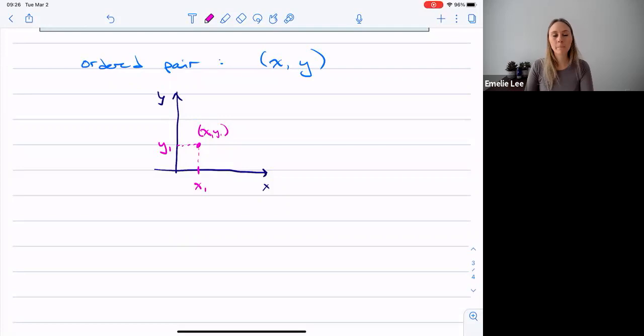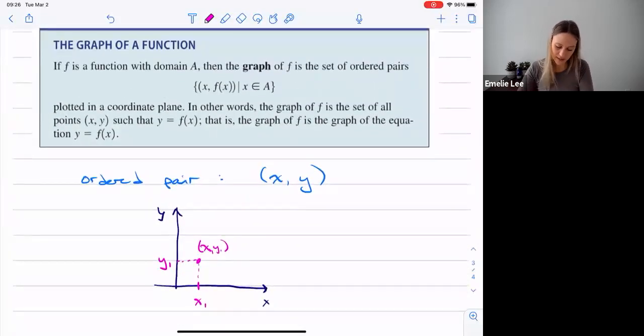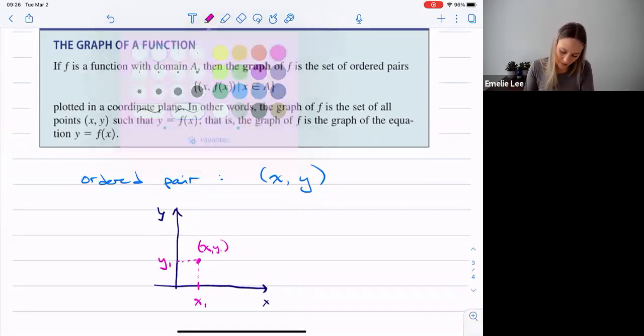Okay. So I've already kind of assumed that you know how to map points on the plane, but if not, then here it is, right? So you have ordered pairs, and this is an ordered pair, x comma y. Notice that here you have x comma f of x, right?